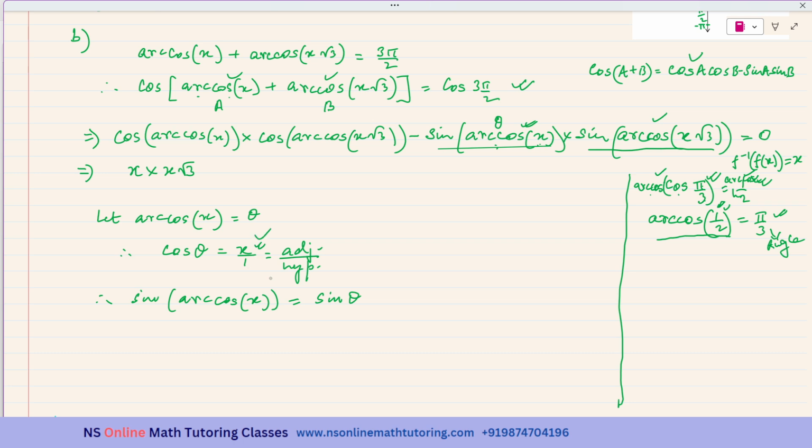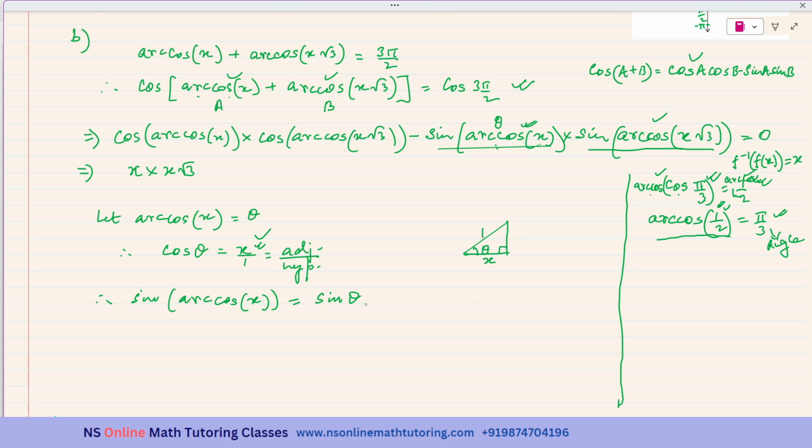It is x or x over 1. So let us draw the right triangle. Okay, this is the 90-degree angle, and this one is theta. So the adjacent side is this one. So this is x, and the hypotenuse is 1.